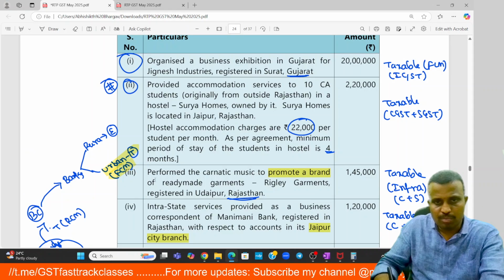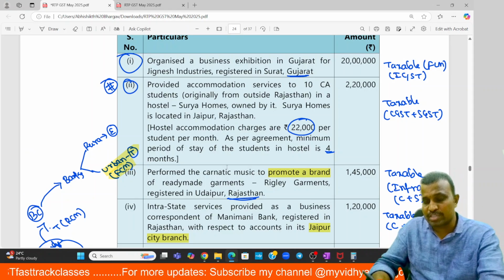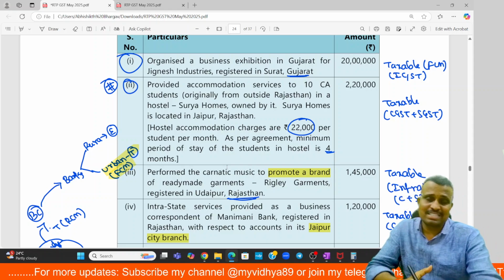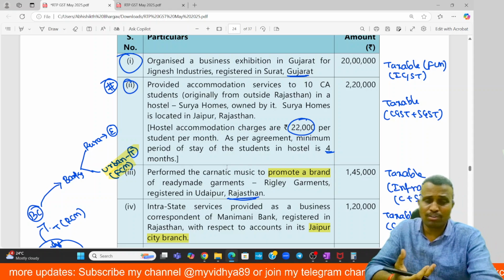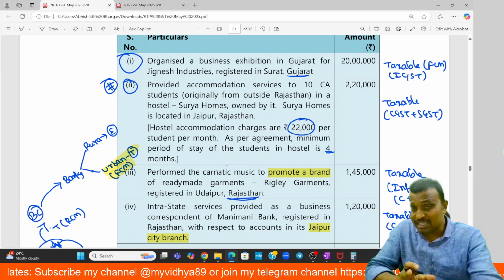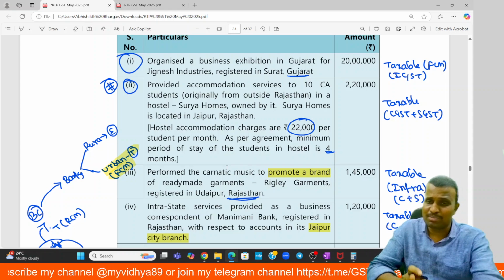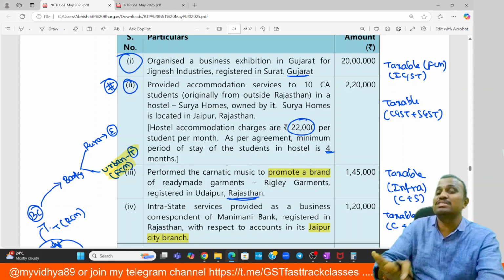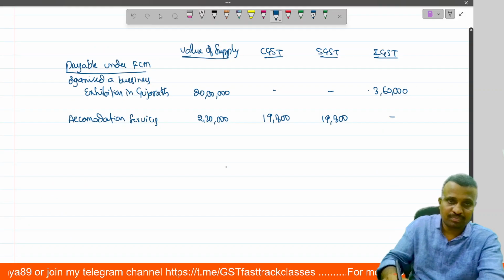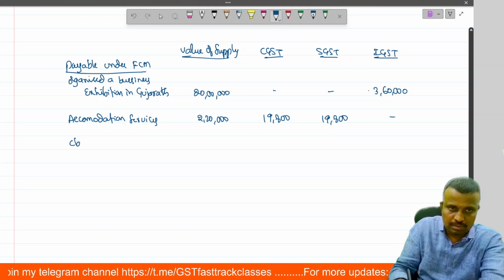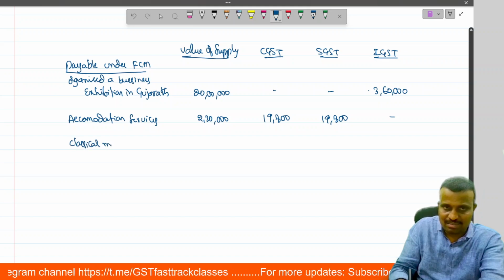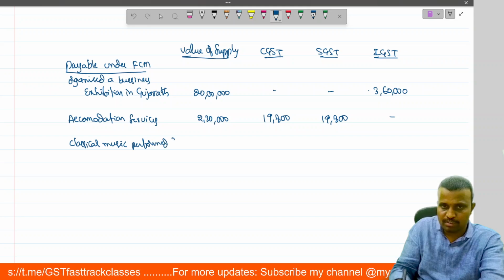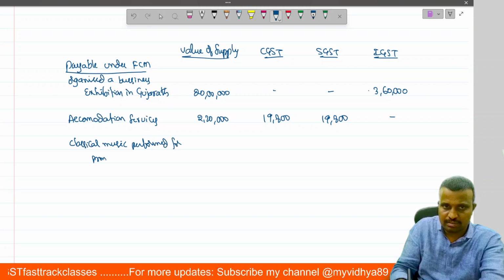Okay. Next, performed a Carnatic music. If any classical music is performed where the consideration charged is less than or equal to 1 lakh 50, it is exempted. But here, classical music is performed for promoting the brand, so that is taxable even though consideration is less than 1 lakh 50.